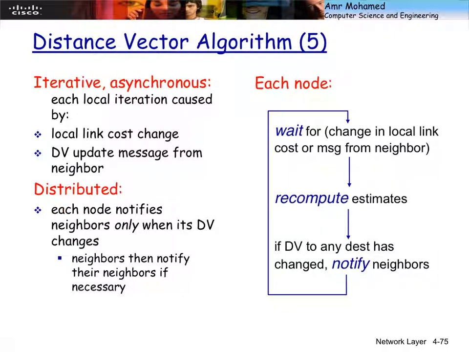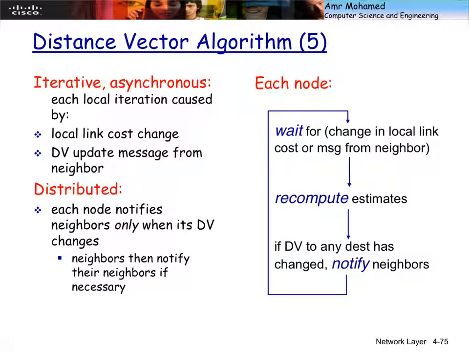So the way Bellman-Ford works is that you wait until the cost of one of the links adjacent to you changes. When does this link cost change? If this link gets more load, if the computer that's connected to this link is down, is up, changes its bandwidth, something like that.